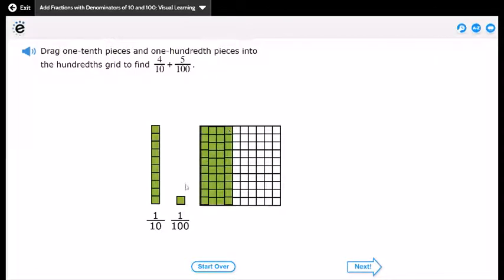This is 4/10. Now I will show 5/100. 1, 2, 3, 4, 5. This is 5/100. So in order to add 4/10 plus 5/100, we will have this grid for both of them.